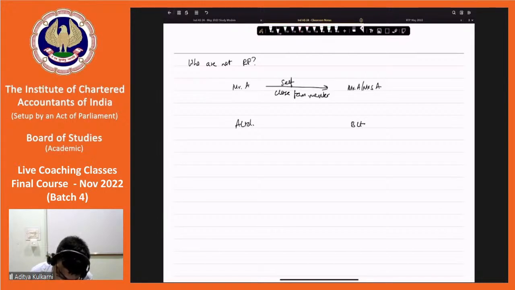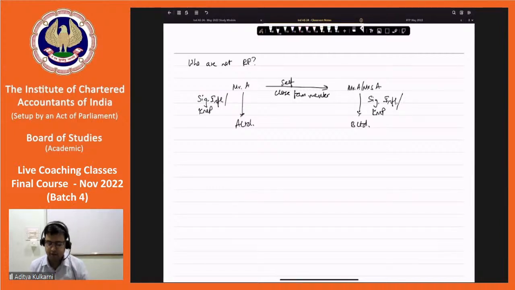B Limited. Okay. Now, if Mr. A has a significant influence or is a KMP of A Limited, at the same time, Mr. A or close family member has only a significant influence or key managerial personnel services to B Limited, then are A and B related?